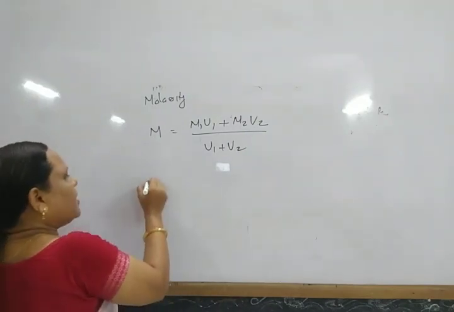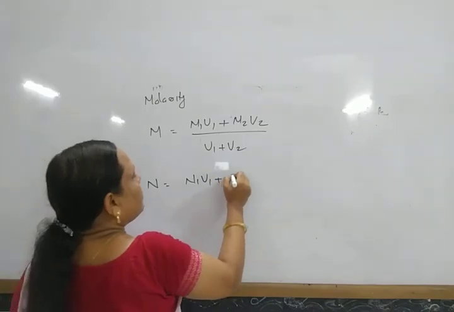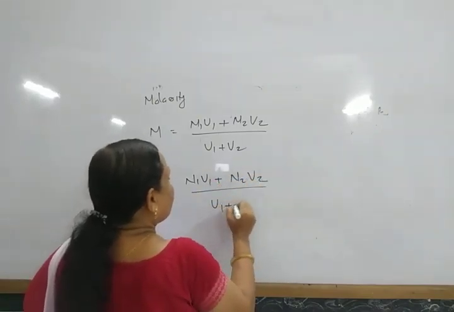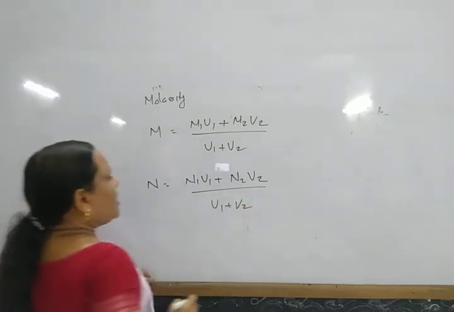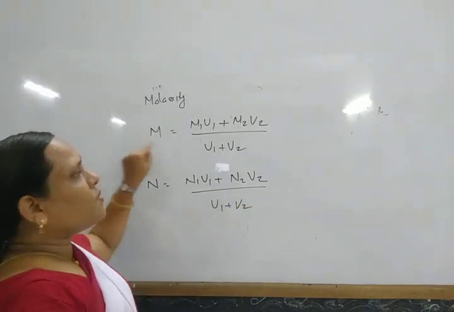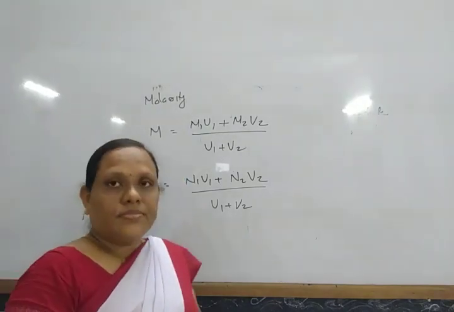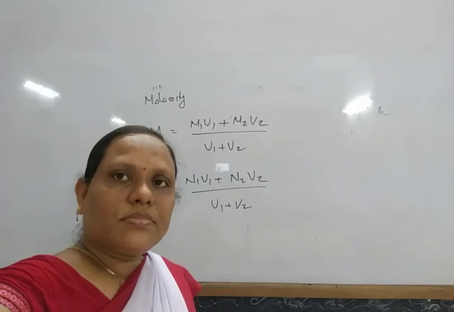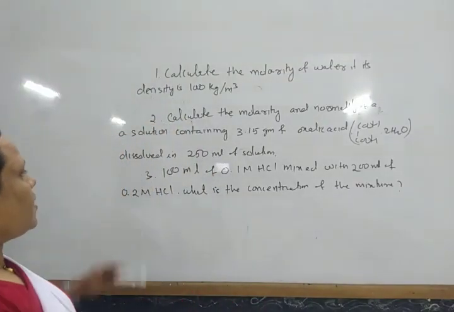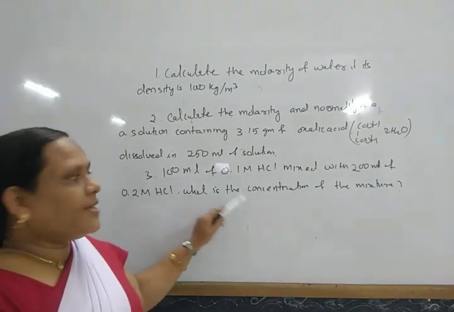Similarly for normality, N1 V1 plus N2 V2 by V1 plus V2. Now let us work out some problems. Three questions are there, starting from question number 3.